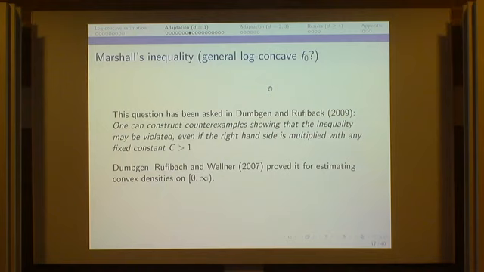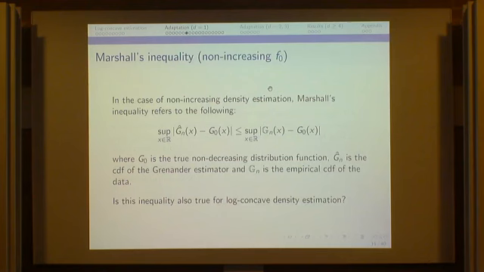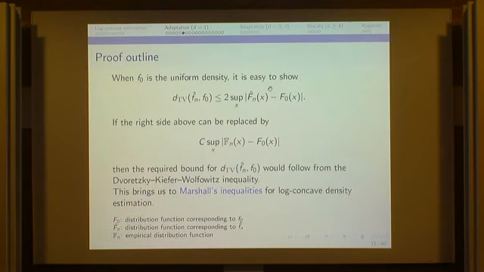There was some negative result. The same question has been asked in Dümbgen and Rufibach, and what they showed is that we can always construct counterexamples showing that this inequality is not true, even if the right side is multiplied by any fixed constant. So no matter which constant we use, that cannot be upper bounded by this.